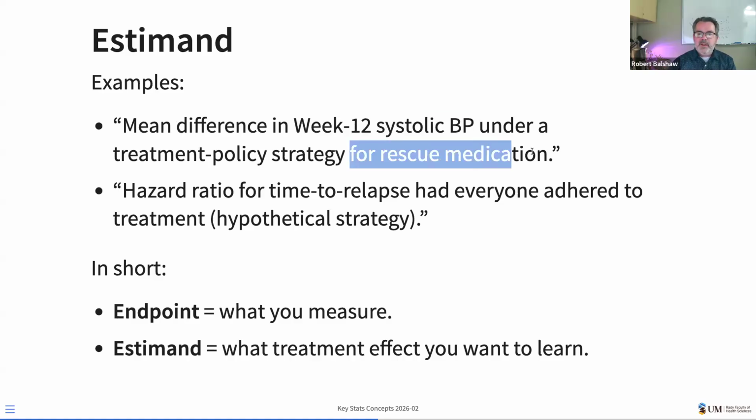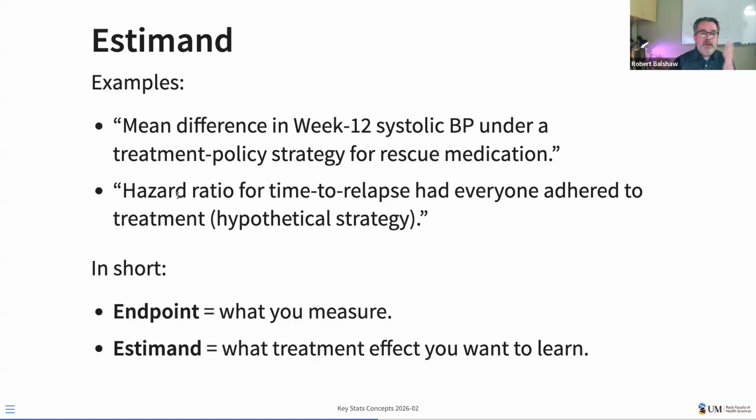And rescue medication is talking about the treatment that was applied. The only piece we haven't said there is the population. As we know, the population is essentially carved out. We might have had a target population when we were thinking up the objectives of the trial, but as we narrow those down by establishing the inclusion and exclusion criteria, the eligibility criteria, they define the population that we're actually studying.